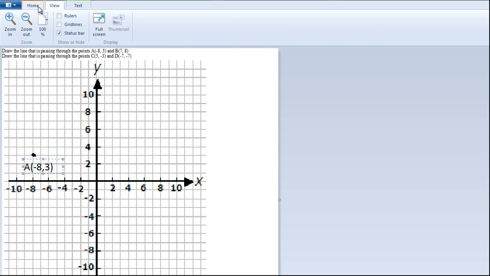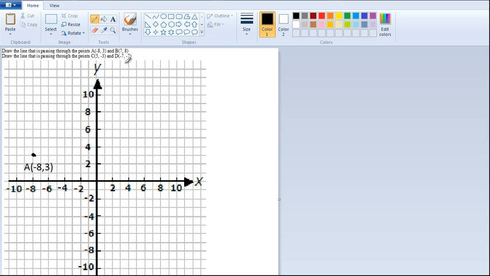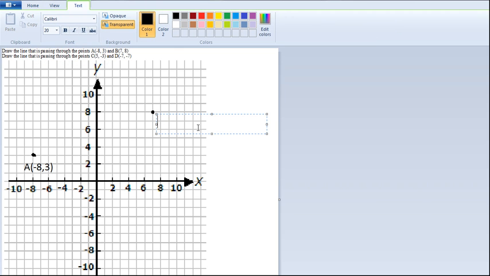And the second point is 7, 8. X is 7, Y is 8. And this is point B. 7 and 8.